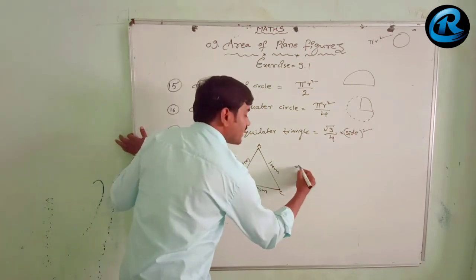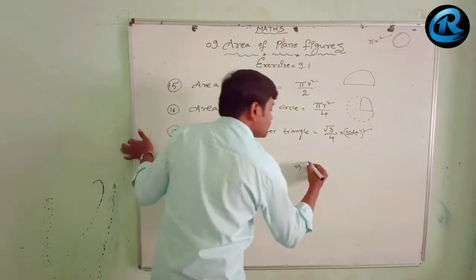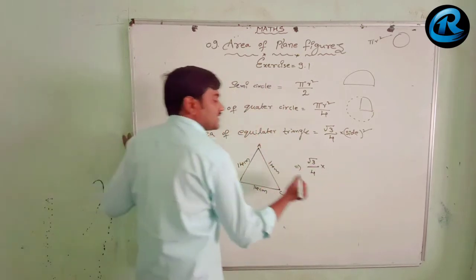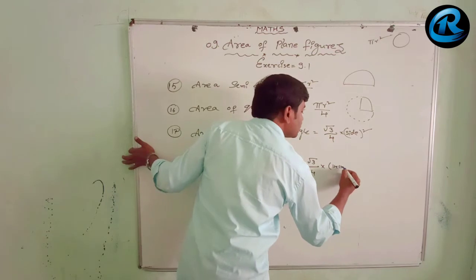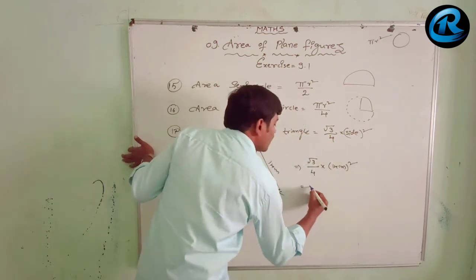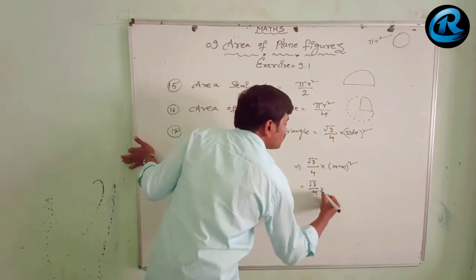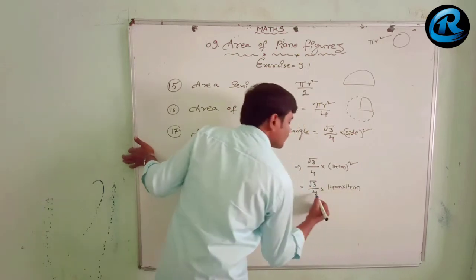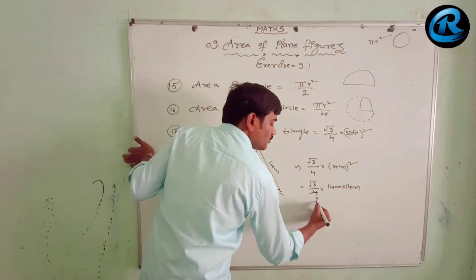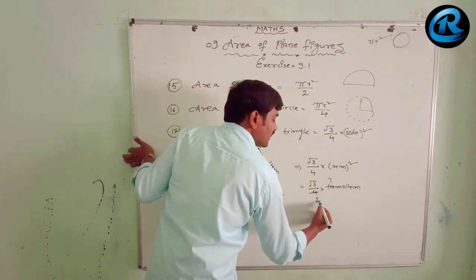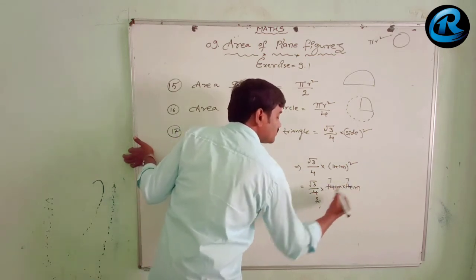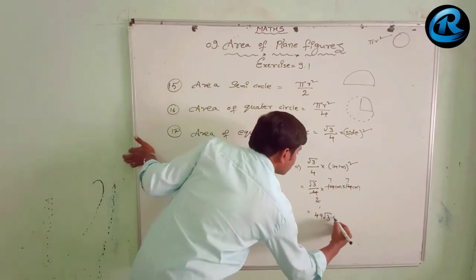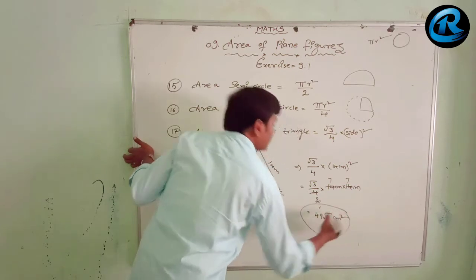How can we find the area of this equilateral triangle? This is the formula: root 3 by 4 into side square. Side square in the sense here 14 centimeters whole square. Now root 3 by 4 into 14 centimeters into 14 centimeters. 2 2s are 4, 2 7s are 14, 7 into 7 is 49, into root 3, that is 49 root 3 centimeter square.